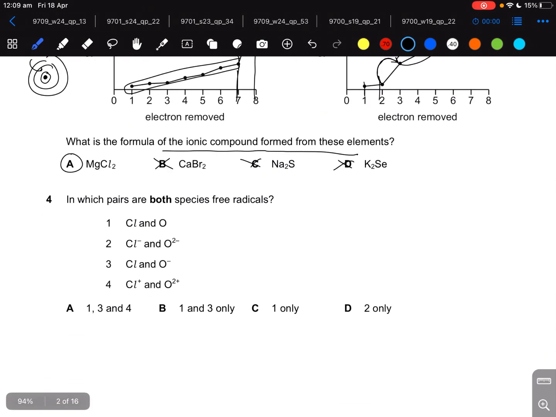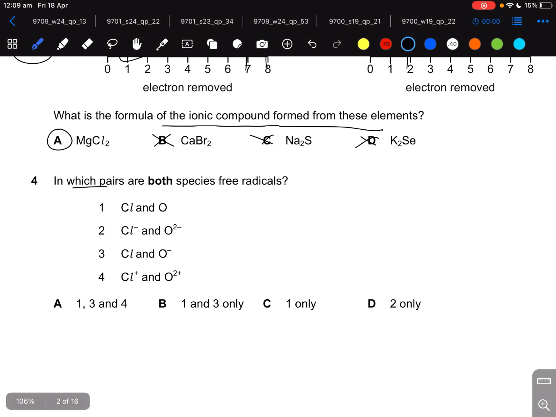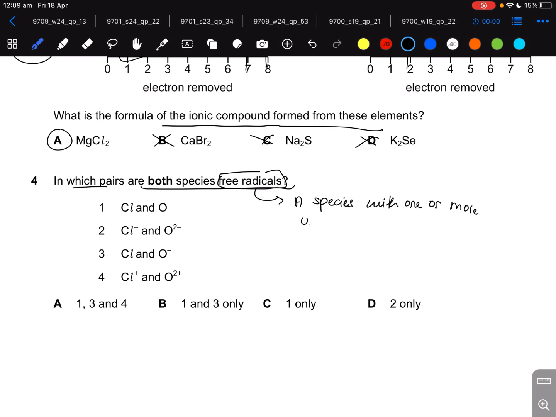Fairly simple question. In which pairs are both species free radicals? So the definition of a free radical is a species with one or more unpaired electrons. This is important for paper 2 also.